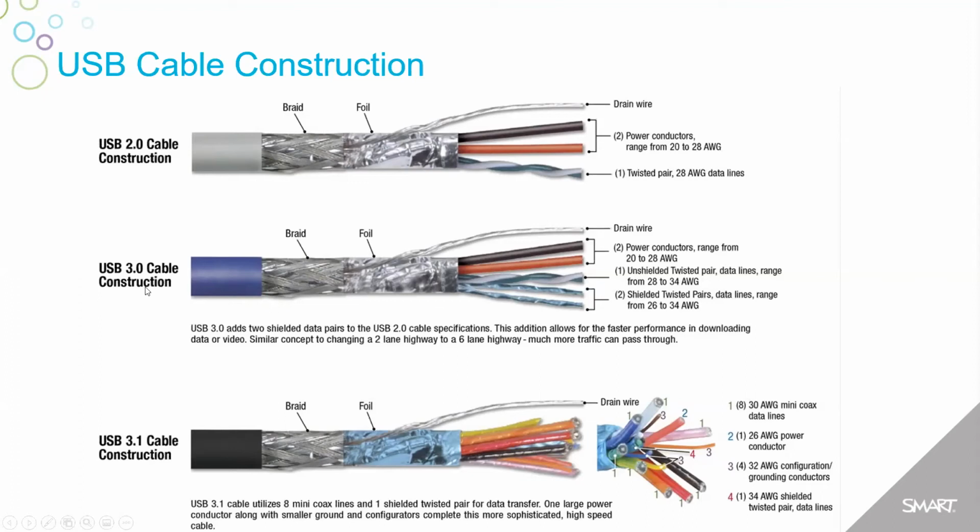When you switched to USB 3, you'll notice that there were an additional 2 sets of twisted pairs, an additional 4 wires for the USB 3 data. Now, when we get into USB 3.1, which is now called USB 3.2 Gen 2, there's a lot more wires in the cable. And they switched from using twisted pairs to using mini coax to handle higher frequency data.